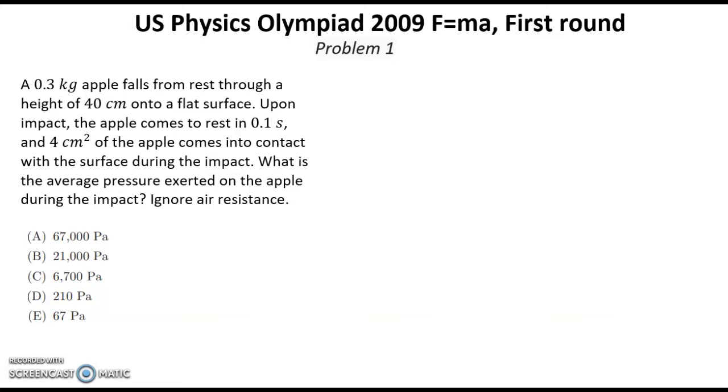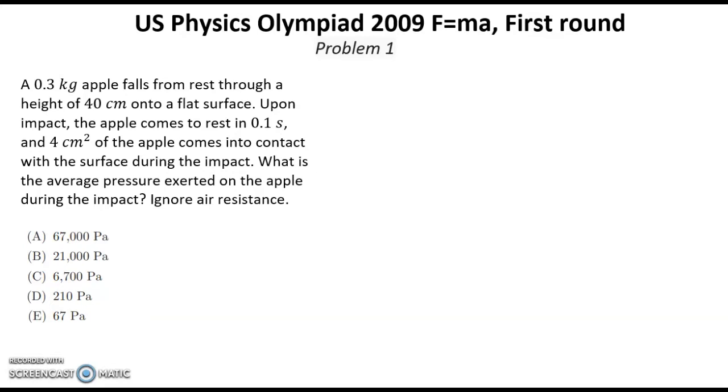So for this contest there were 25 problems, and 75 minutes were given. First problem: a 0.3 kilogram apple falls from rest through a height of 40 centimeters onto a flat surface.